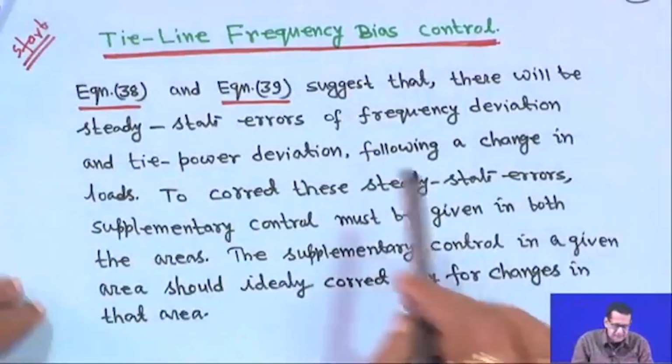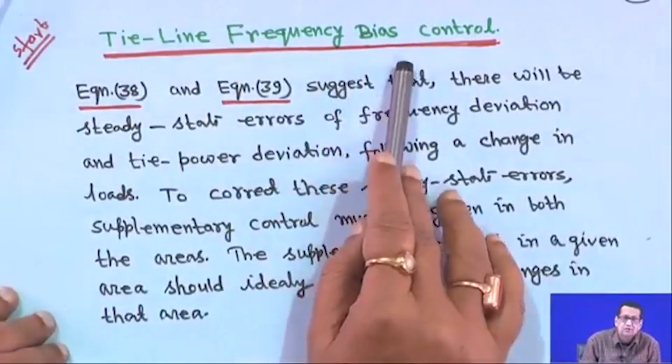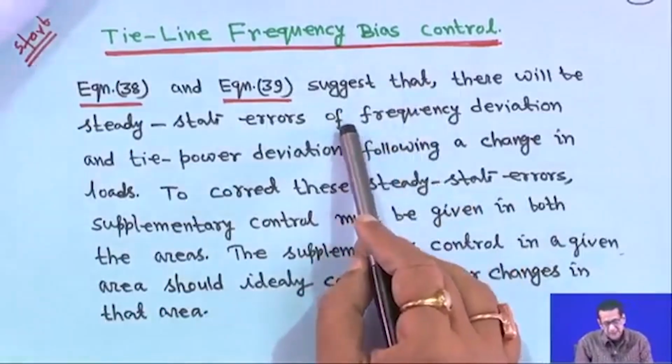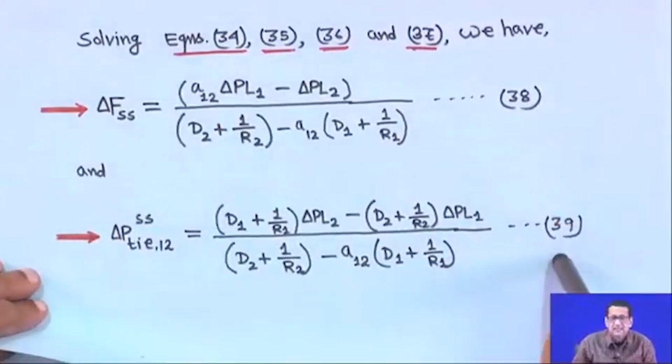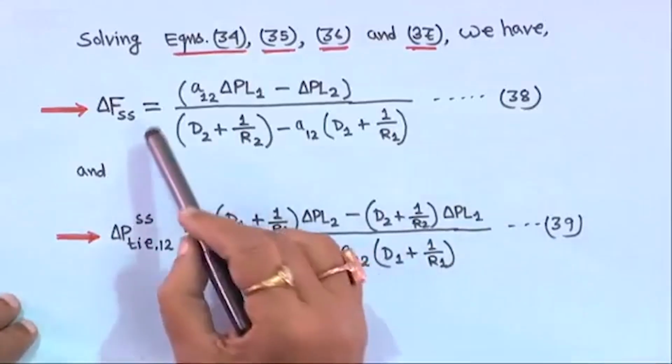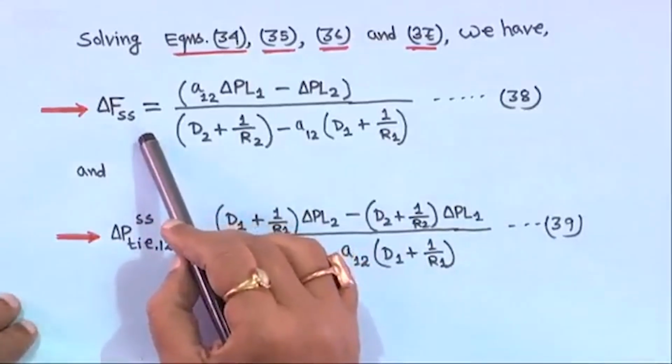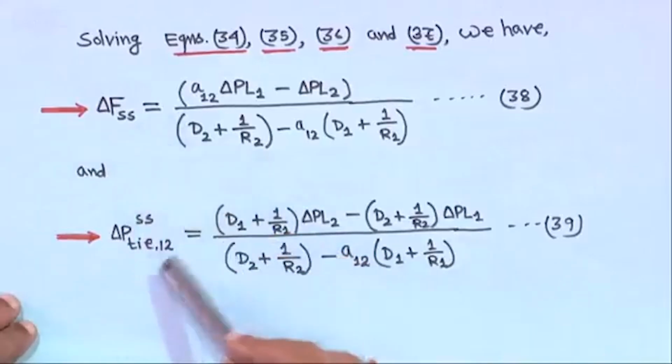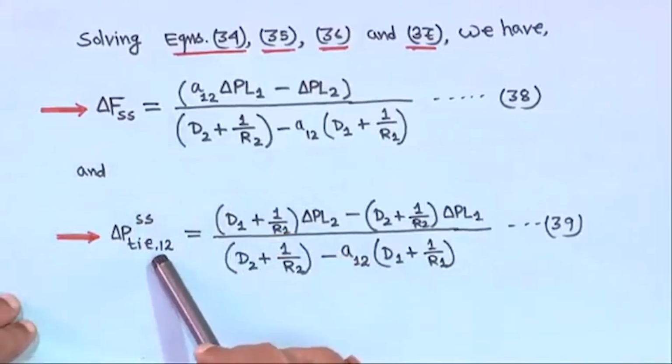Now, next is the tie line frequency bias control. These two equations 38 and 39 suggest that if your system is uncontrolled, then there will be a steady state error in frequency deviation as well as tie power deviation following a load disturbance.